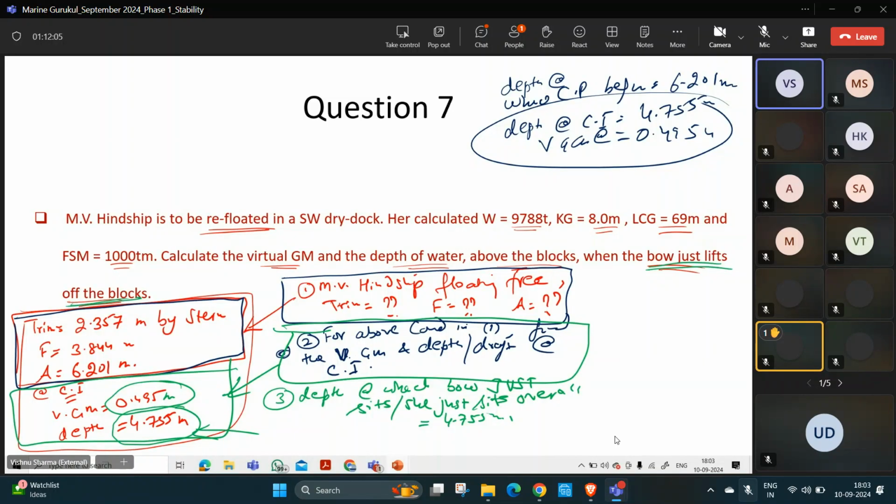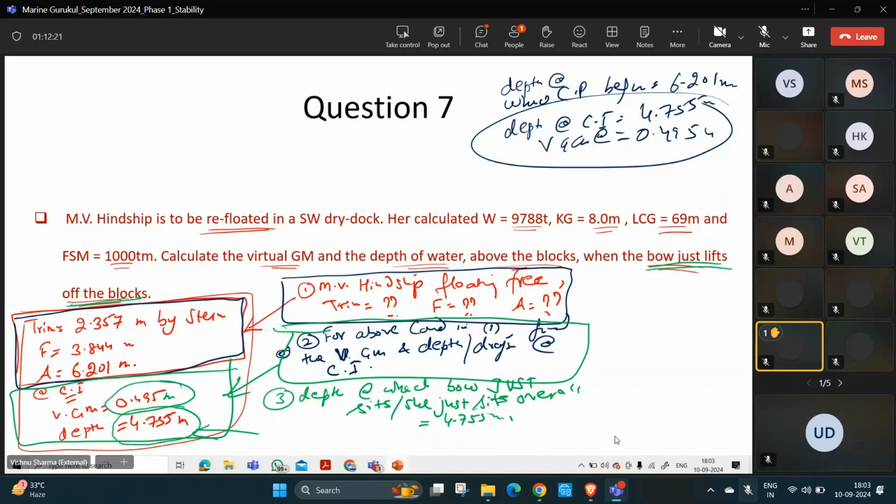So in this case, the bow will lift when the draft is 4.755 meters and the virtual GM will be 0.495.